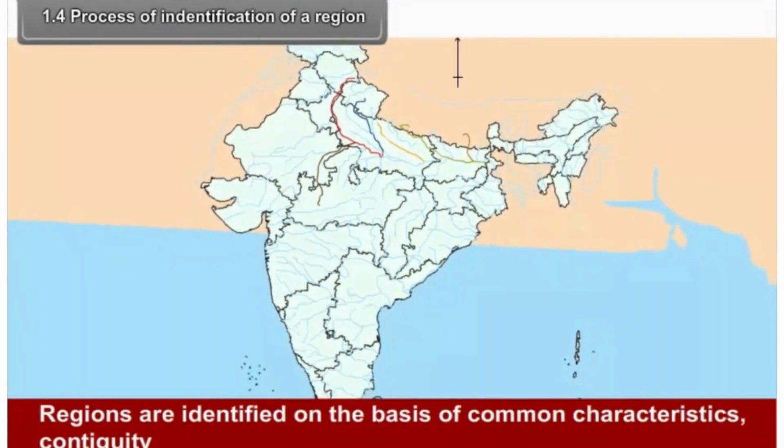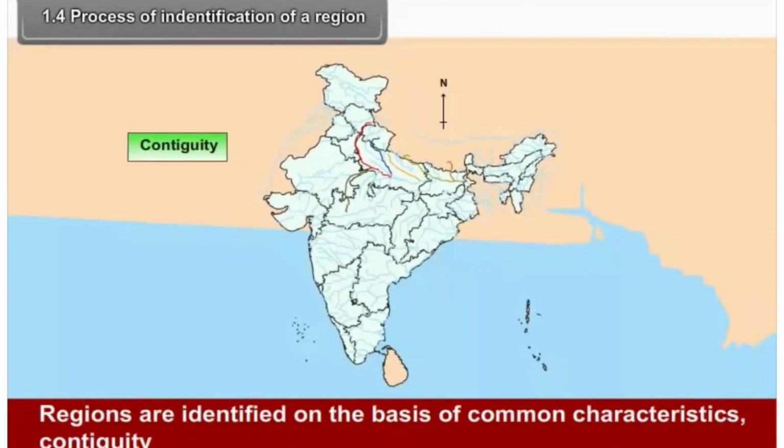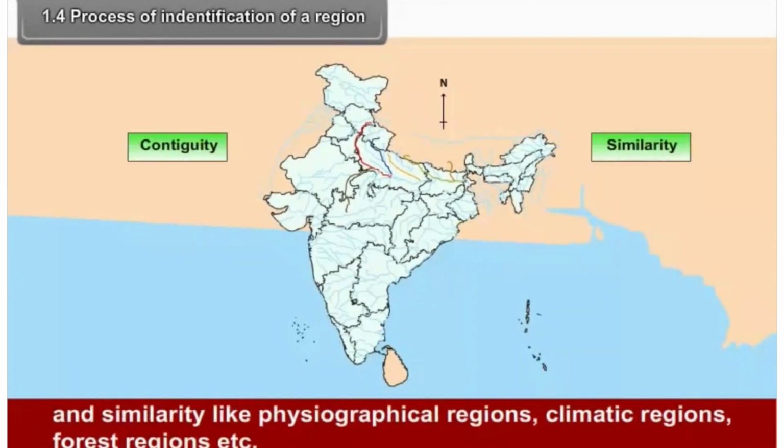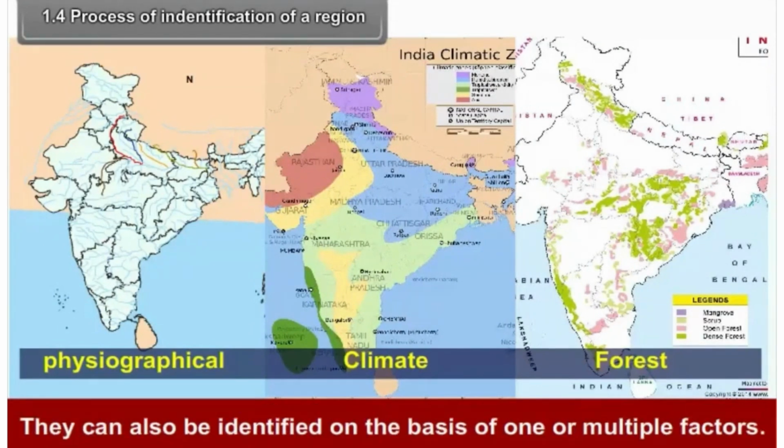Regions are identified on the basis of common characteristics, contiguity and similarity, like physiographical regions, climatic regions, forest regions, etc. They can also be identified on the basis of one or multiple factors.